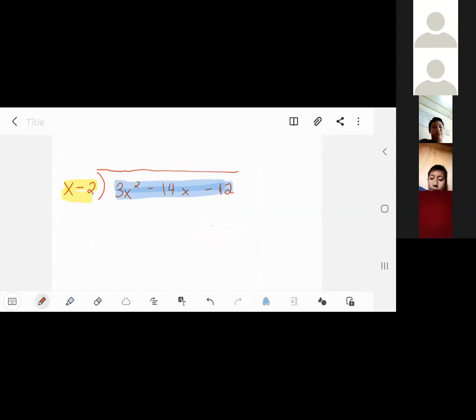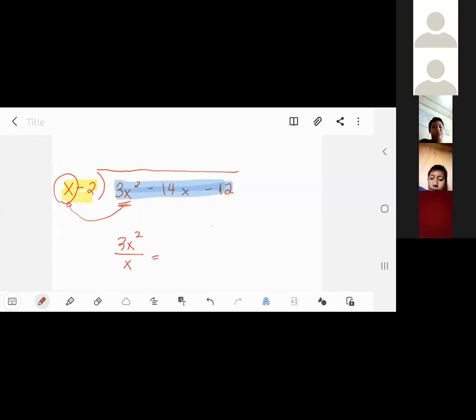This is how you're going to do it. First, you divide the first term, as you have learned in your first lesson. So 3x squared divided by x.